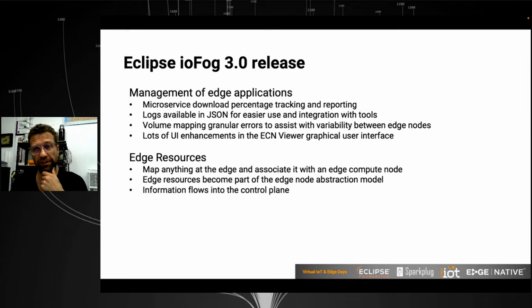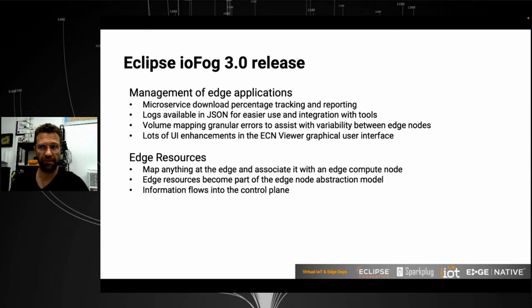Logs are now available in JSON format for just easier integration with a variety of tools, allowing you to drop them directly into log management tools, or simply browse them more easily if you're going to do it in the raw. When mapping volumes for edge microservices to edge nodes, a common problem over the last couple of ioFog versions has been that you might have a microservice failure to start because the volumes that it needs are not existent on the host, for example.